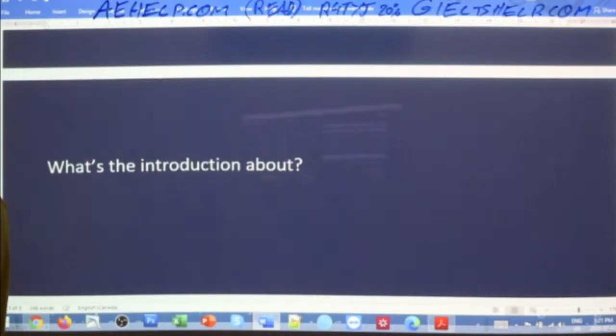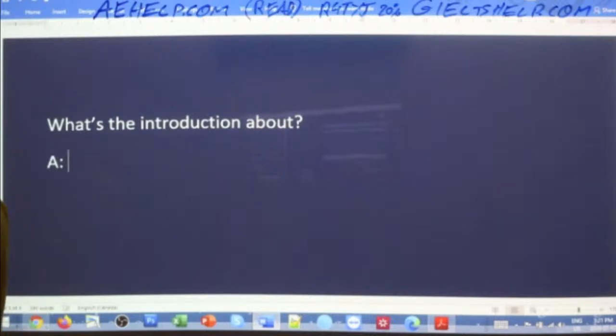So what's the paragraph about? What's the introduction about? At home, write it down on paper. Practice your active reading. Write down the answer.